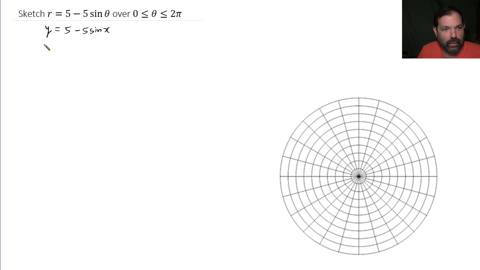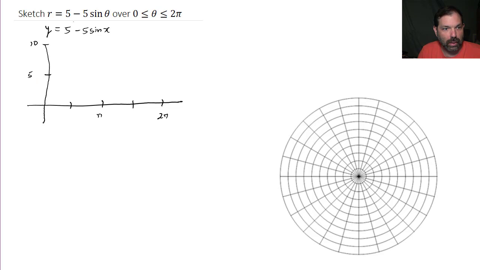And so if I think of this graph, it has amplitude 5, it has a vertical shift of 5, and it's the sine curve flipped over. The period's 2 pi. So let's put 2 pi out here. So then here's pi, pi over 2, and 3 pi over 2. Here's 5, and here's 10.